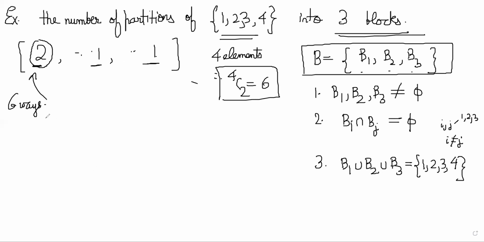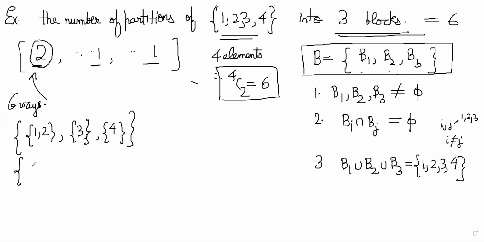So the number of partitions becomes 6. Let's list out the partitions to understand it a little better. One partition could be {1, 2}, {3}, {4}. Another partition could be {1, 3}, {2}, {4}. Notice that I'm listing a set of subsets B1, B2, B3.